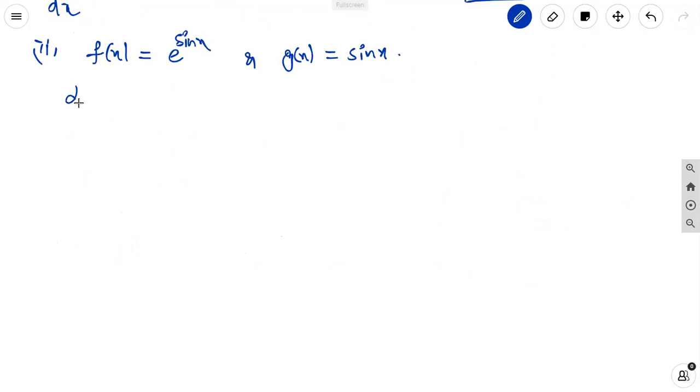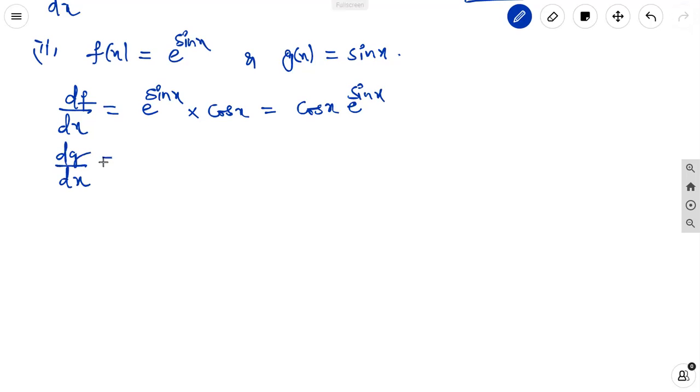Again, df by dx, differentiating with respect to x. d by dx of e power sin x is e power sin x, again sin x derivative is cos x. It is equal to cos x into e power sin x. And g function is differentiating with respect to x, dg by dx equal to sin x differentiation is cos x.